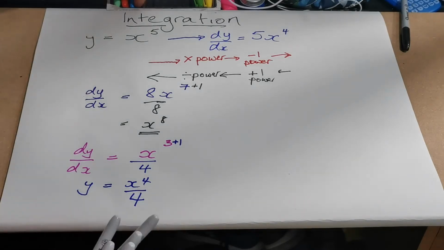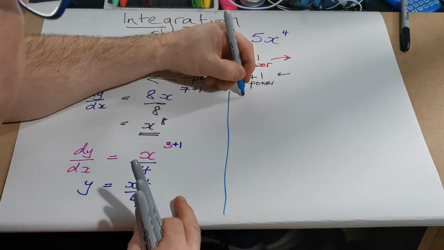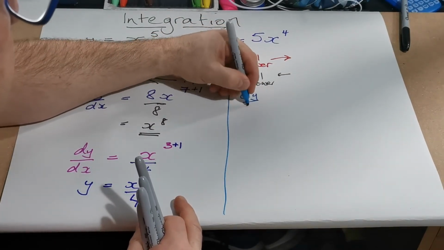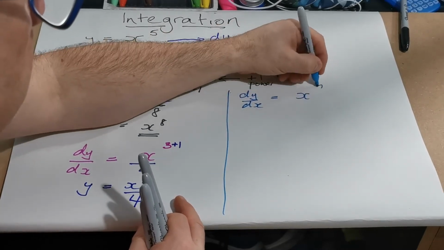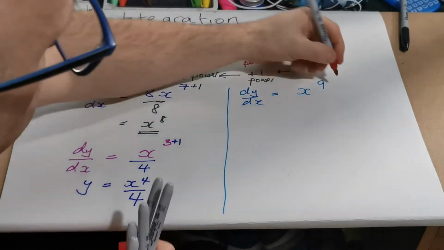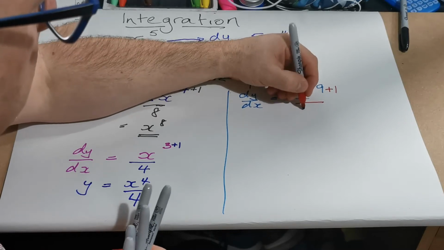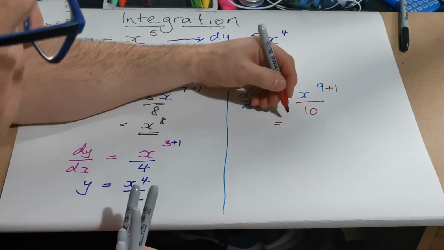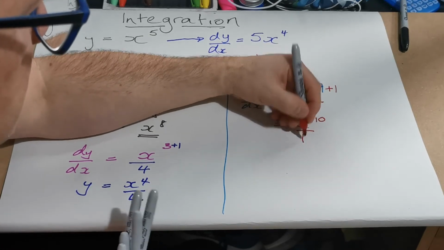And looking again at a similar one, if dy by dx is equal to x to the 9, I would add 1 to the power and divide by the power. So my answer is x to the 10 over 10.